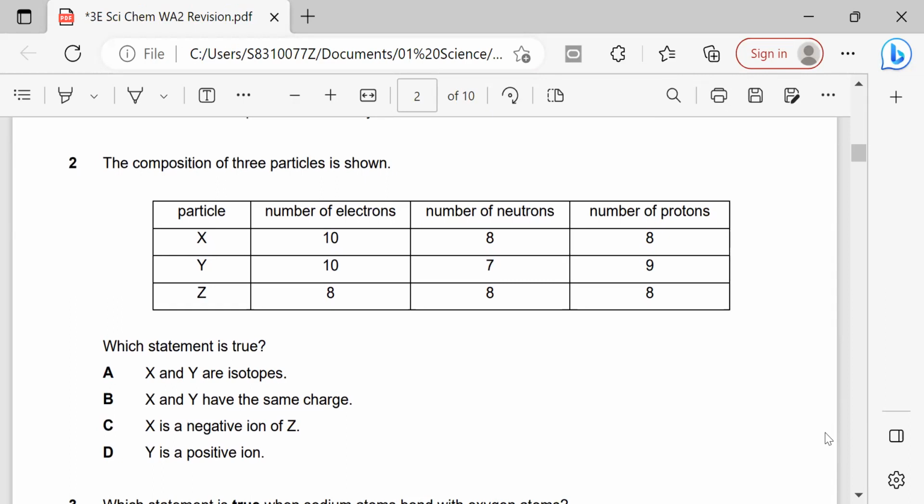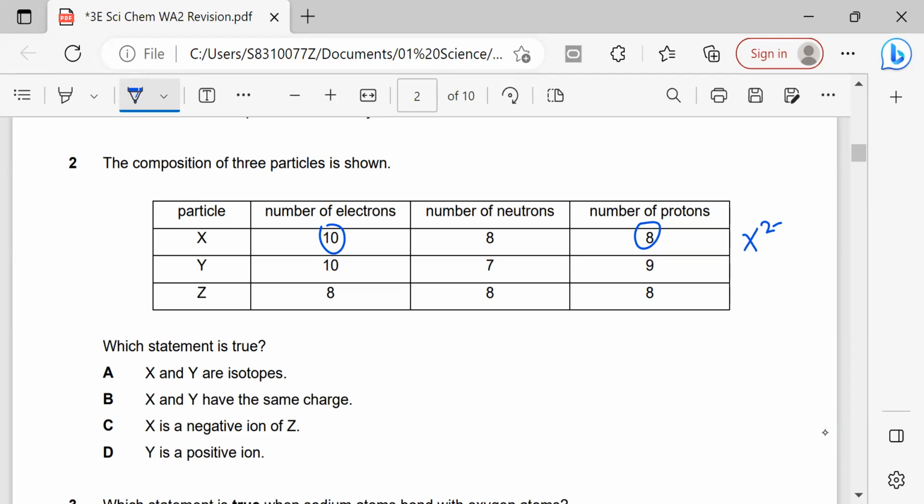If you look at them one by one, you will notice how in particle X, the number of electrons and the number of protons are not the same. This means that X is an ion. It is a negative ion, in fact, because the number of electrons is 2 more than that of the number of protons.